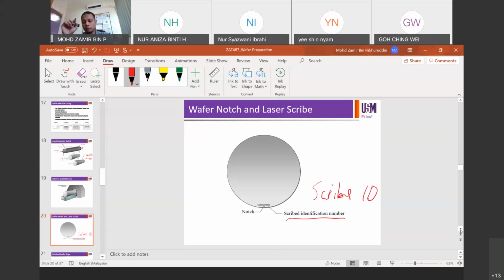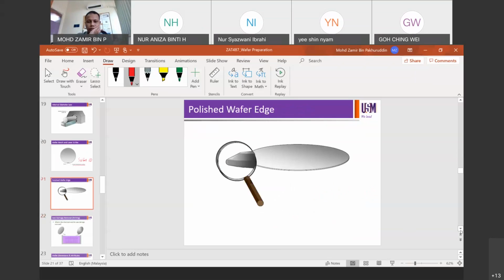So if any problem happens to the wafer, we go to the scribe ID to detect where the problem is. So it's like that at the edge of the wafer. It's not perfectly squared, if you like. It has a bevel there on the edge of the wafer.